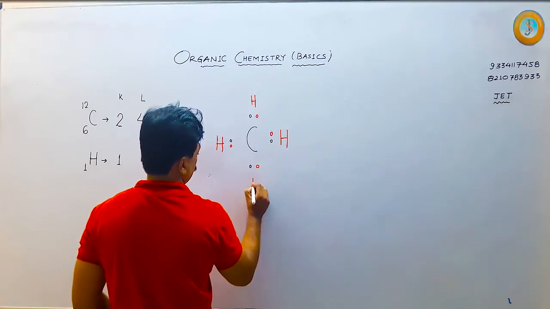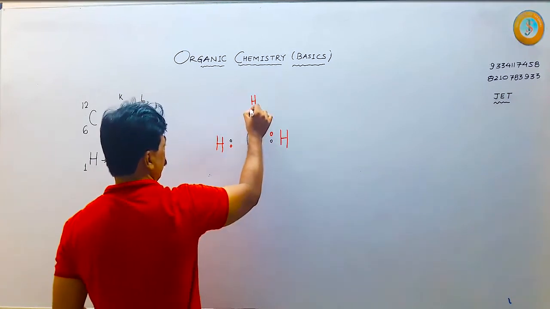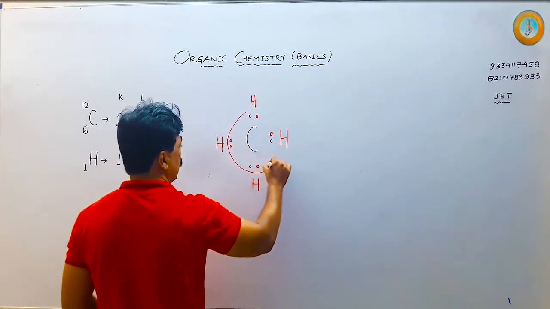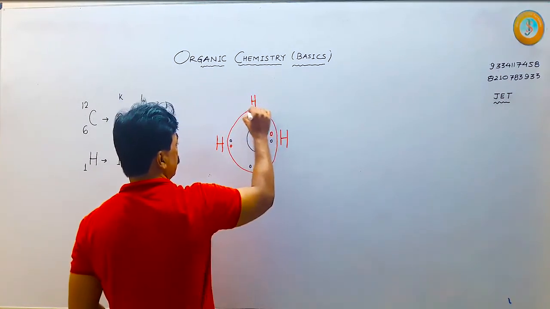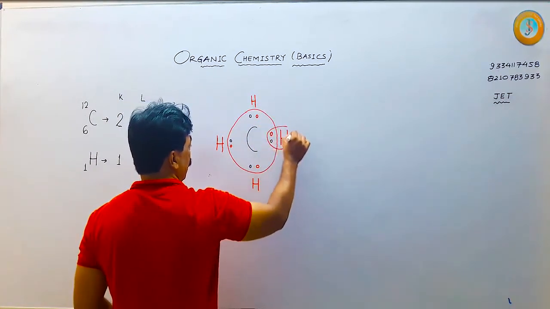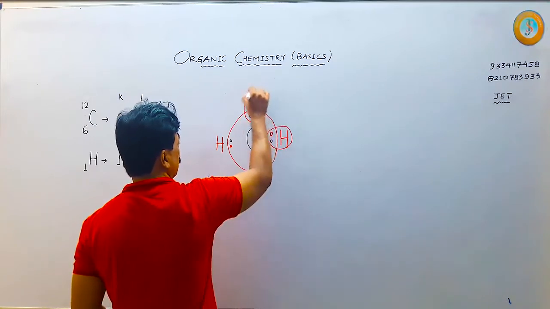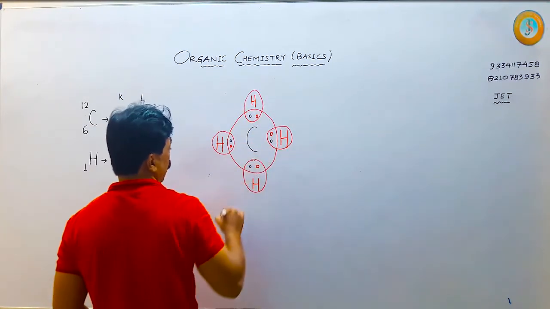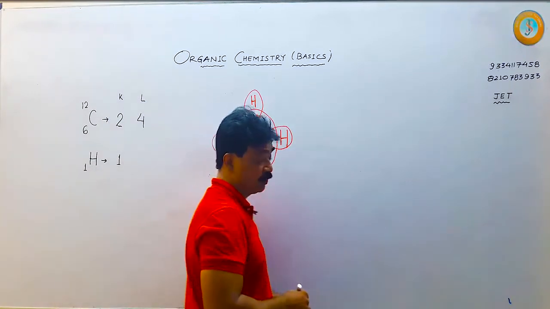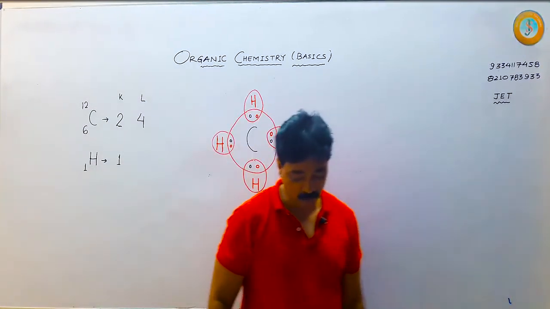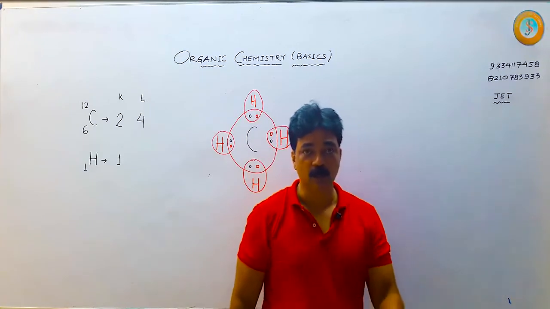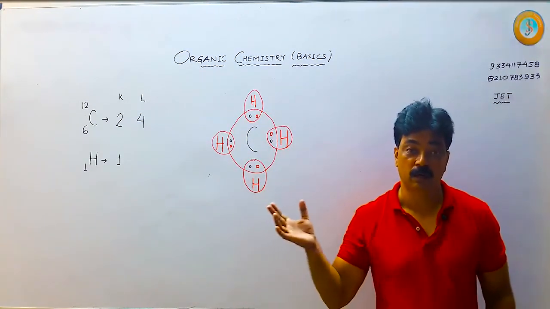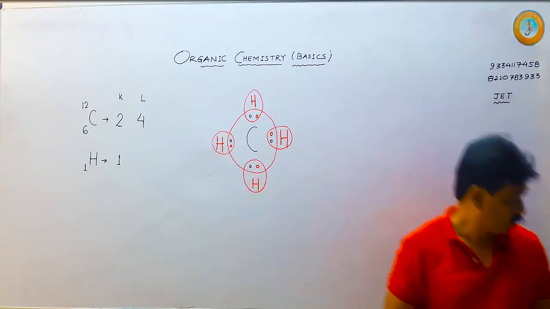Just see, this is the picture of the outermost orbit of carbon. So carbon's octet is complete, and hydrogen's duet is complete as well, and we are getting the simplest carbon molecule, that is methane. This is the basic which you have to really understand. This is the basis for all the other compounds of carbon.